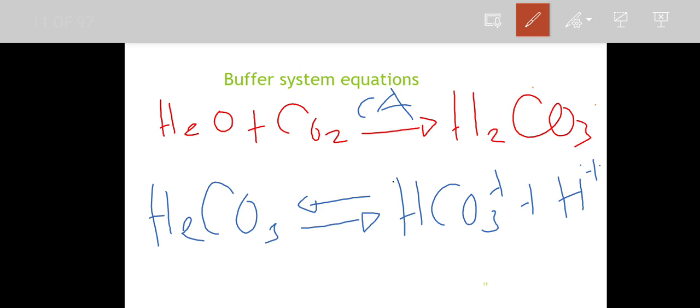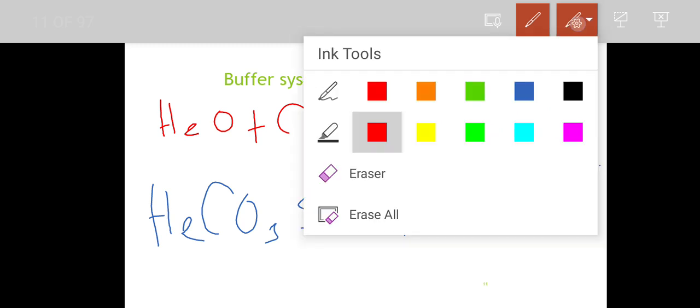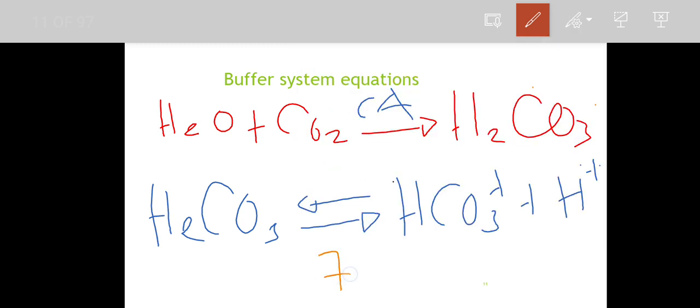So now what happens is this: in a case where the pH is going below 7.35, we mean to say it's going to more acidity. Okay, it's going to the acidity region.